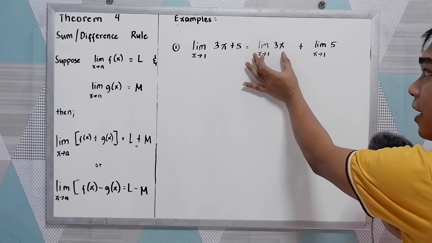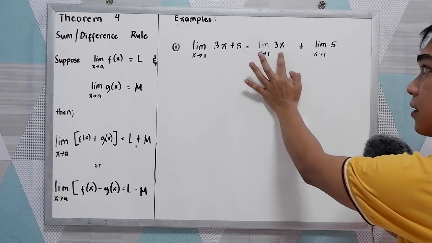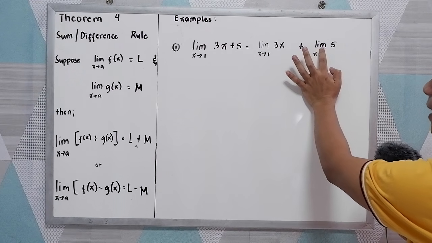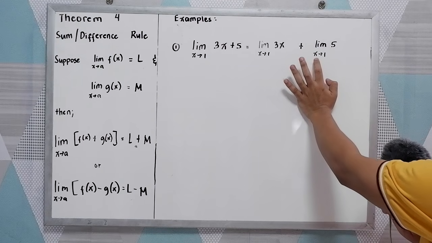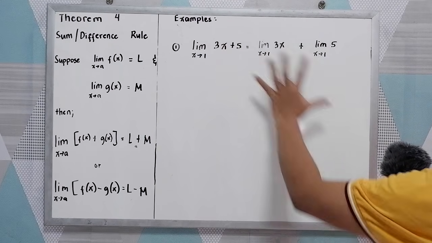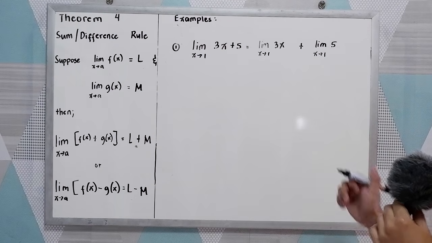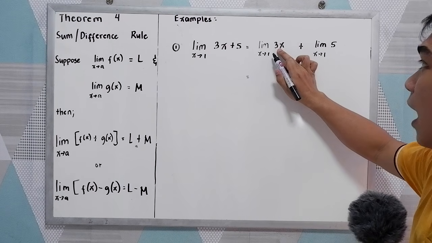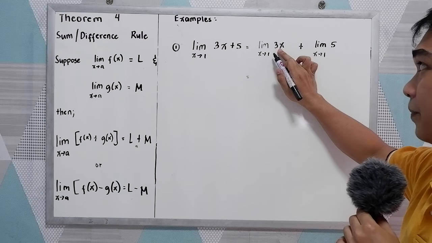Okay, we can separate them. We have the limit of 3x as x approaches 1 plus the limit of 5 as x approaches 1. Separate. Next, apply theorem number 3.